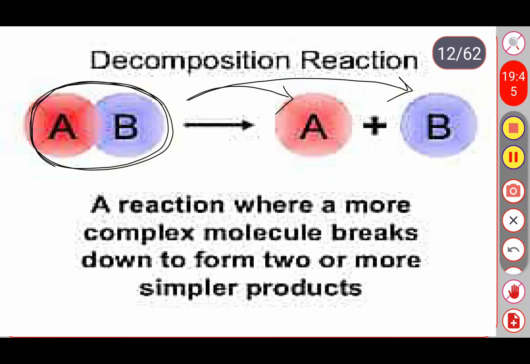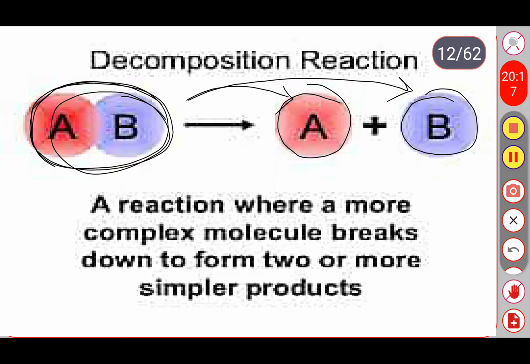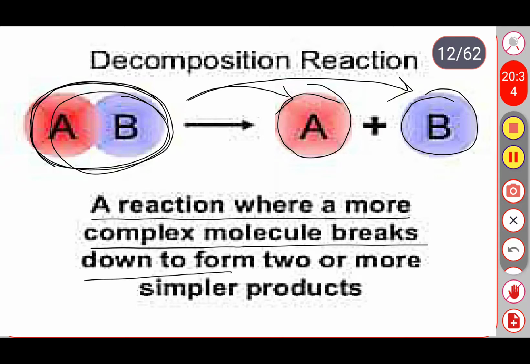The reaction in which a compound is broken down into two or more simpler substances is known as a decomposition reaction, and the general form is AB, one compound, which breaks down into two simple elements or substances, A and B. A reaction where a more complex molecule breaks down to form two or more simple products is a decomposition reaction.